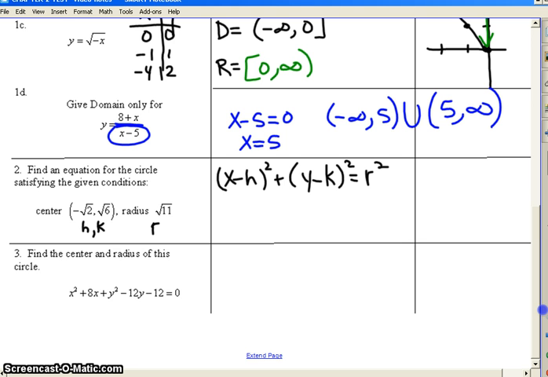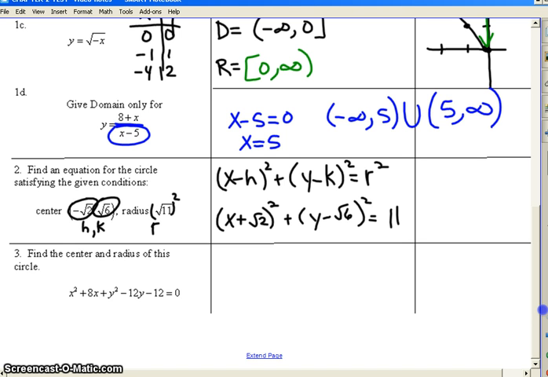I'm going to fill in the values that they give me for h and k. x minus a negative square root of 2 is going to be x plus the square root of 2, quantity squared, plus y minus the square root of 6, quantity squared. And whenever I square a square root, it just ends up with no square root symbol, so it's 11. And this would be the equation of the circle.